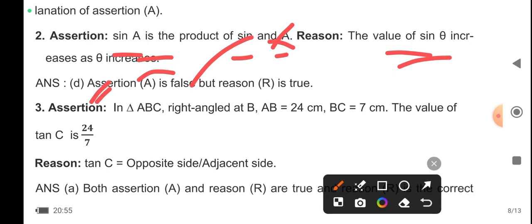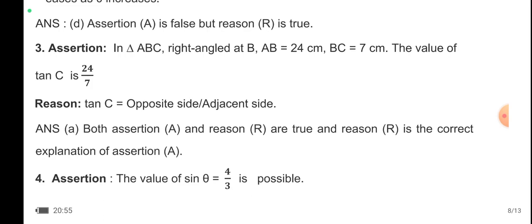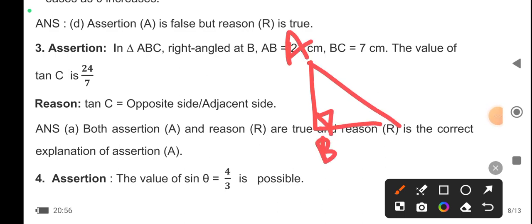Then again they're talking about the right angle triangle, right angled at B. This is B. In triangle ABC, AB is 24 and BC is 7. So this is enough.